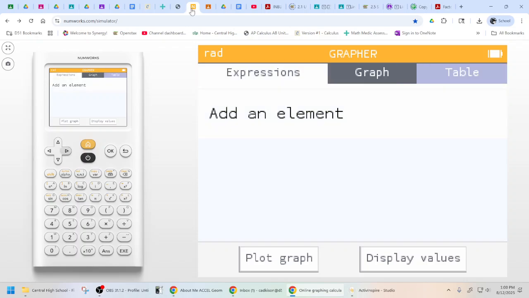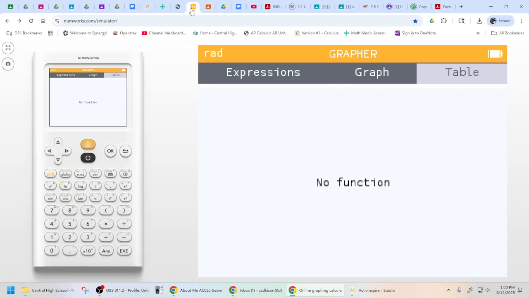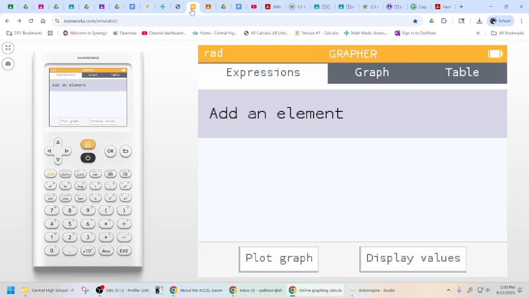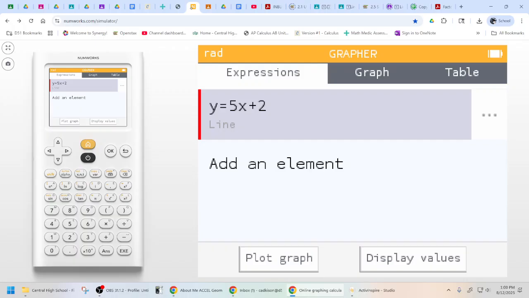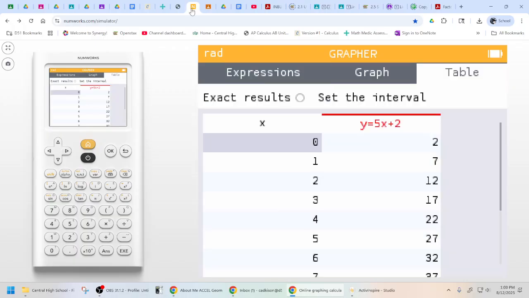I think it would be awesome if they made it that way. Here, let's just put in some simple function for easy's sake. So 5x plus 2. Enter, so it's in, and then we see our values in the table. Remember, you can change these to whatever you want, and that's a pretty fast way to do it.